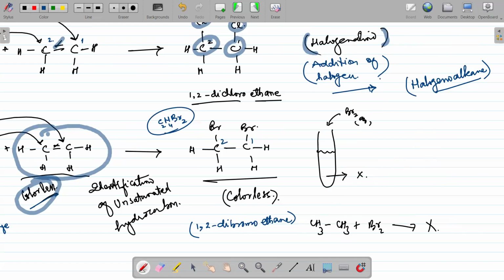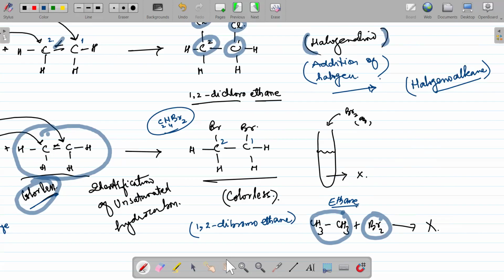So that means we can use this reaction for the identification between saturated and unsaturated compounds. As you can see, if we treat this aqueous bromine with a saturated compound like ethane, the color of the bromine does not disappear.